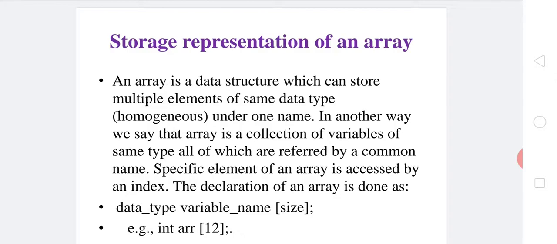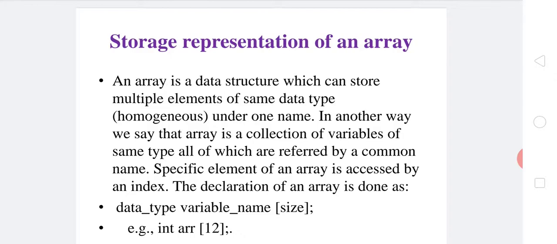Array name is an identifier which follows the rules of writing an identifier. Because each integer element takes 2 bytes, this array declaration reserves 24 bytes of memory for the array during compilation.